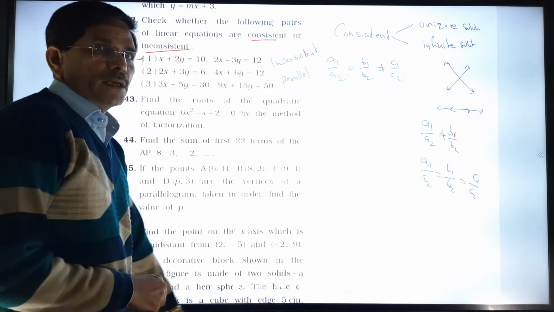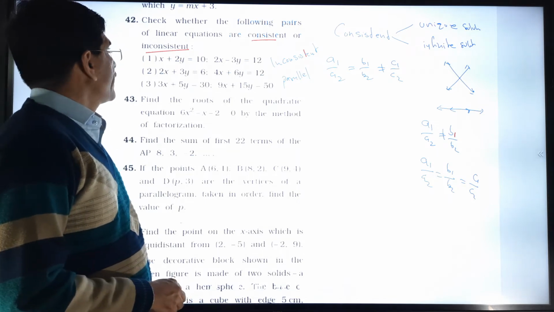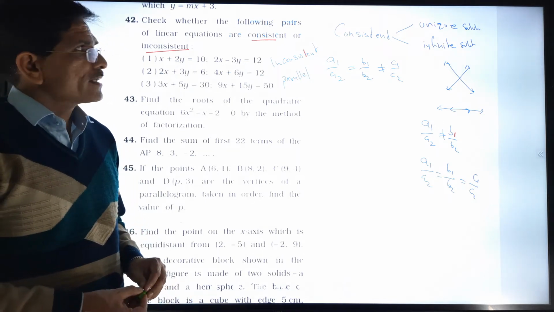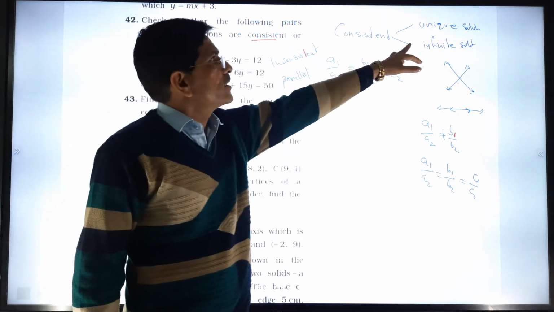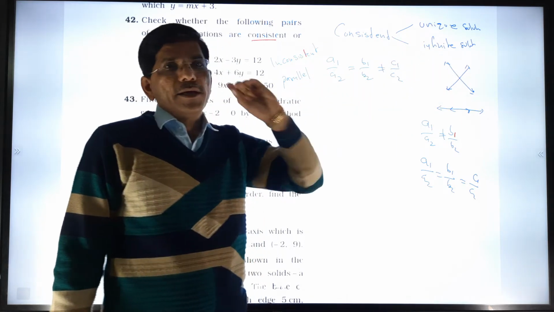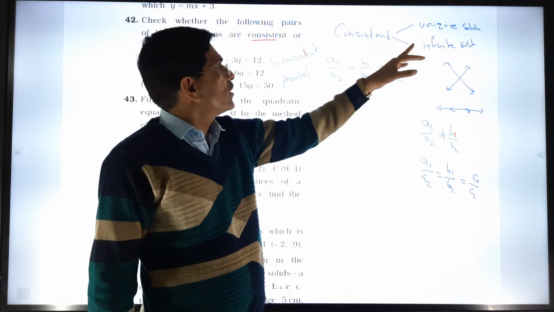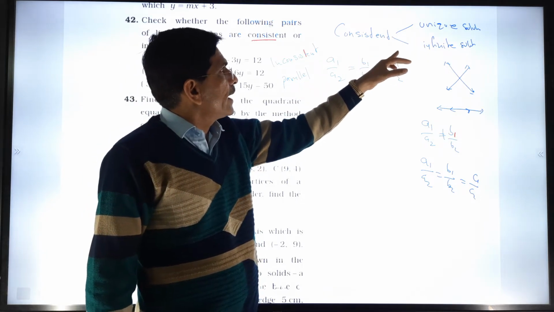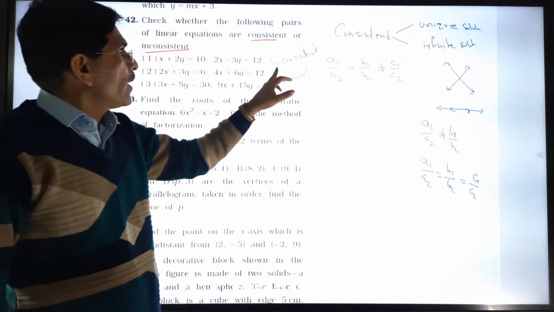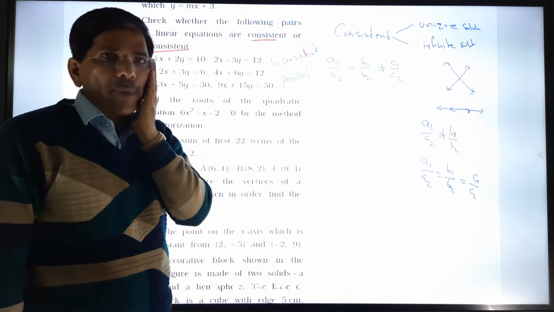So we are discussing inconsistent and consistent. What is the meaning of consistent? Always unique solution and infinite solution. Consistent means unique solution and infinite solution, while inconsistent means parallel.